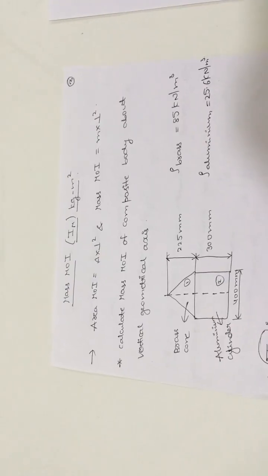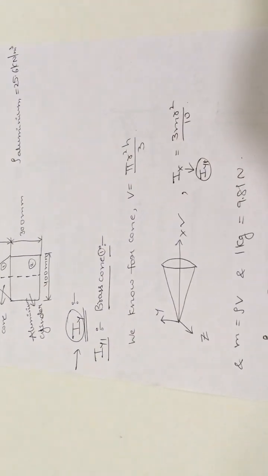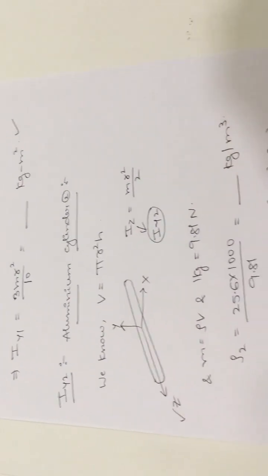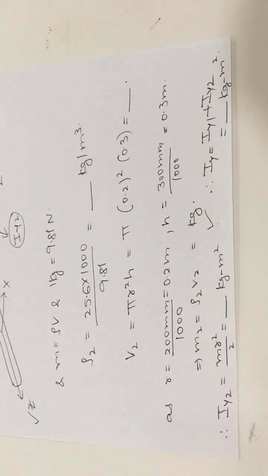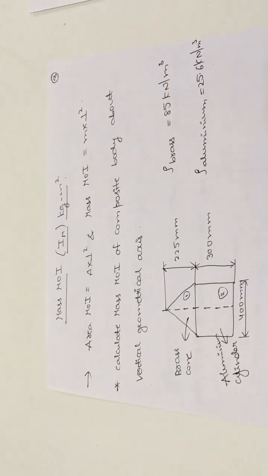So this is the problem for mass moment of inertia. Once again, see the main diagram, the IY1 calculation and the IY2 calculation. So these are the problems related to mass moment of inertia and product of inertia.